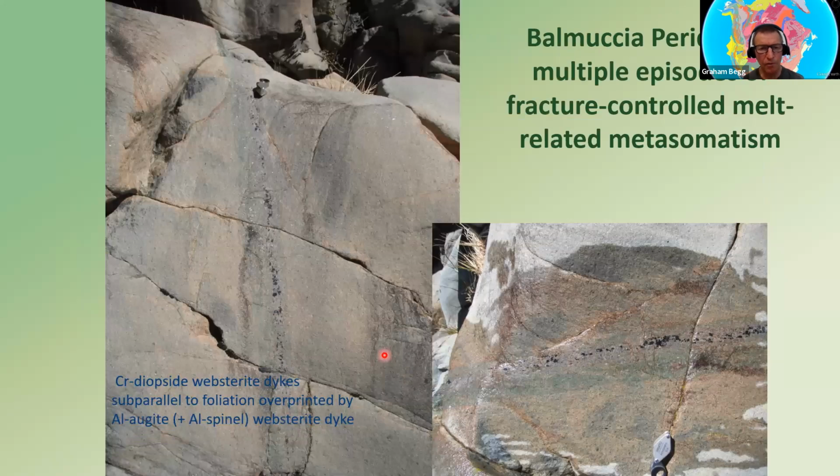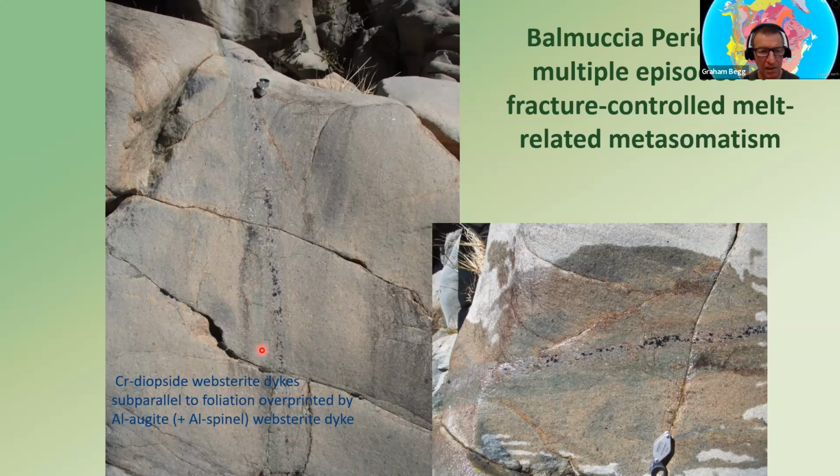A quick snapshot of what a bit of the mantle looks like. This has been exhumed in the European Alps. It's a prototype outcrop, and I just thought I'd throw it in here to show you there's a structure here with two generations of dikes intruding that structure.